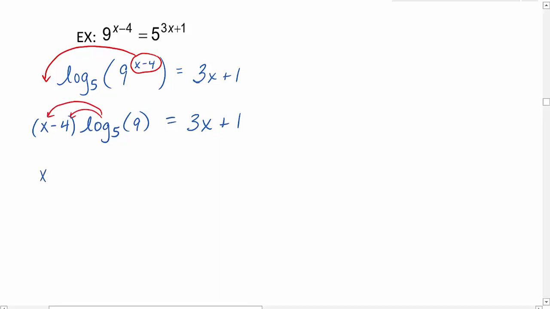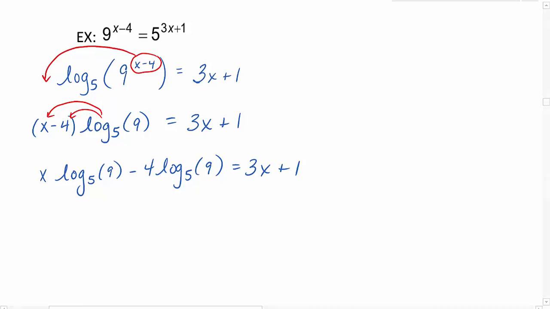This gives us x times log base 5 of 9 minus 4 times log base 5 of 9 equals 3x plus 1. Great, all of the x's are out of parentheses, they're out of exponents, they're where we can solve for them.